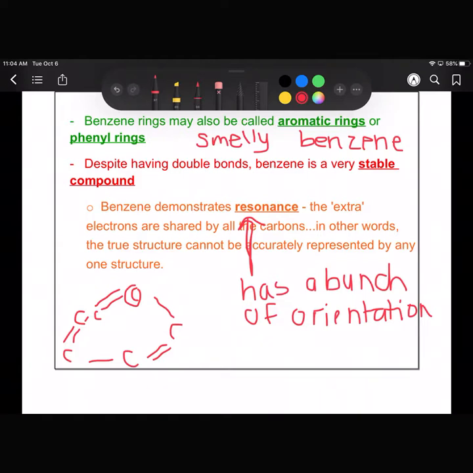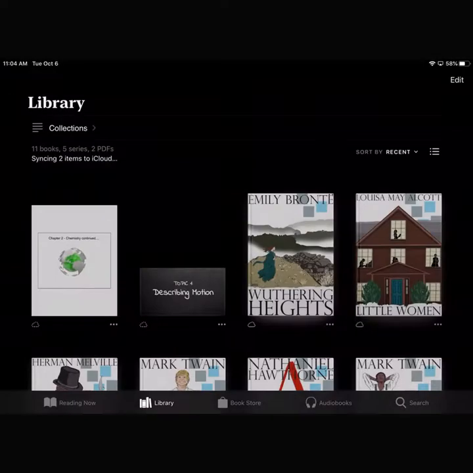Well, it's the same thing if I wrote it like this. You know what I mean? It's saying it can spin in any direction. As long as it has 3 double bonds and 3 single bonds, it could be in any orientation. That's just like when I showed you back on the last slide.